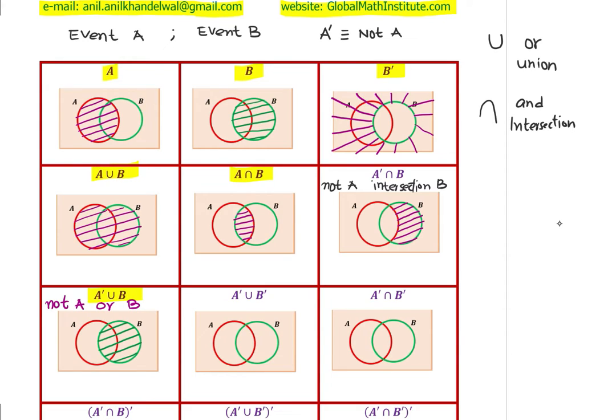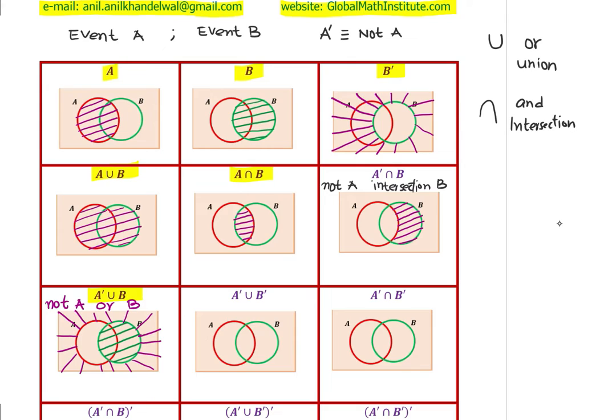I have shaded B. B is included and not A means everything outside of A, right? I'm shading it in different colors so that you understand that or means included in both. So everything is being shaded here, as you can see, except for the region which is within A and not in B. You get the idea, right? So that is how we can do complement of A union B. Is that clear to you?